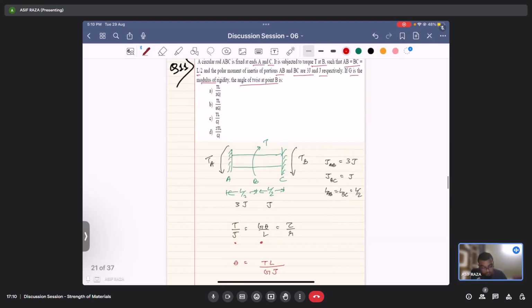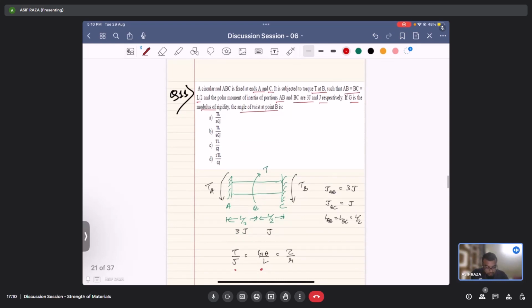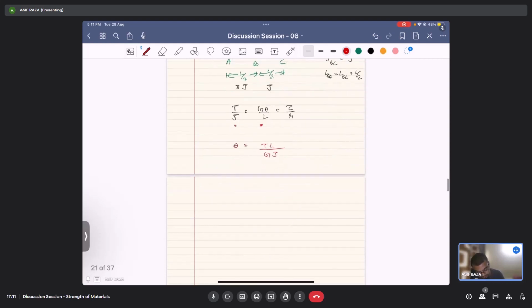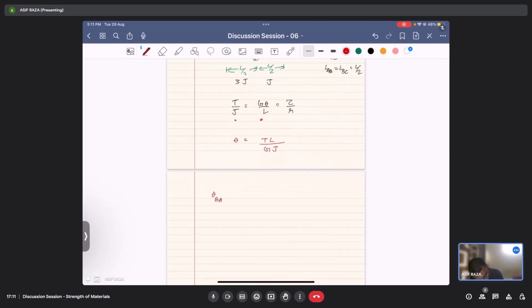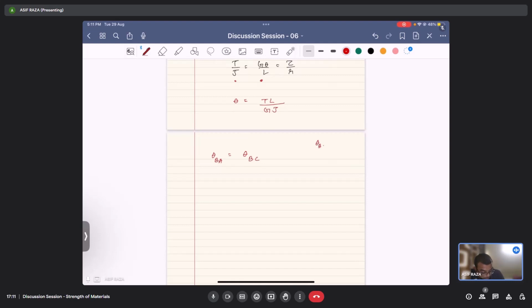Now, theta BA would be equal to theta BC. Since theta BA is equal to theta B minus theta A, and theta A is 0, this would be equal to theta B, while theta BC would be equal to theta B minus theta C. This is also 0, so this is also theta B. Now let's use the expression and substitute it.